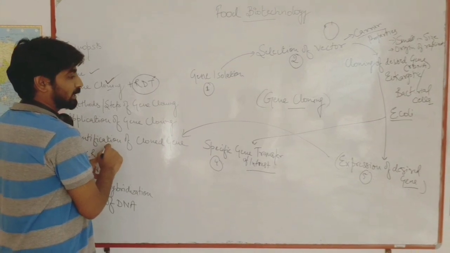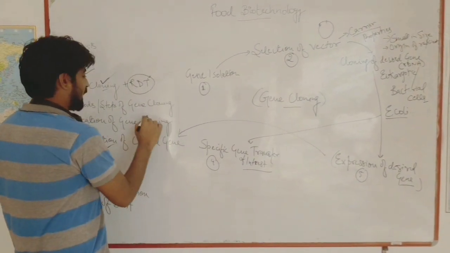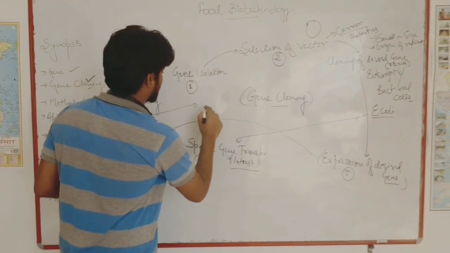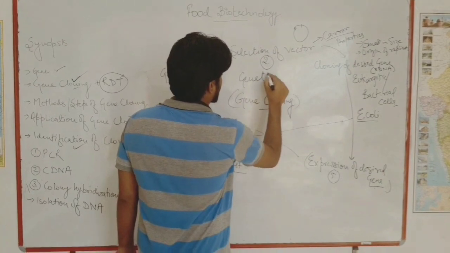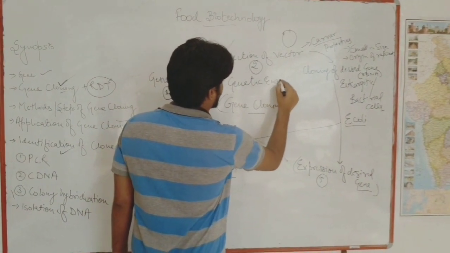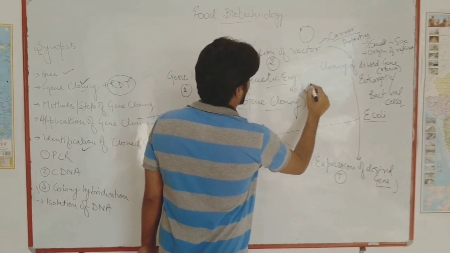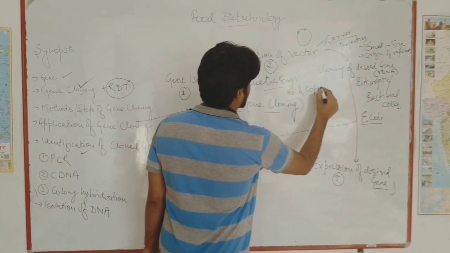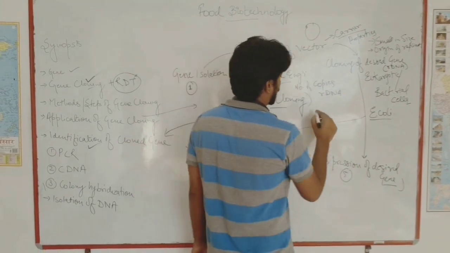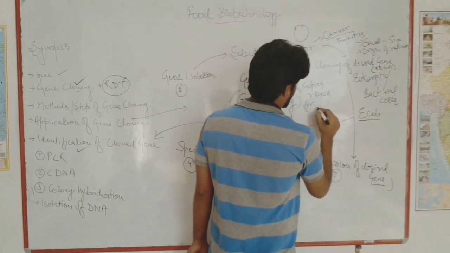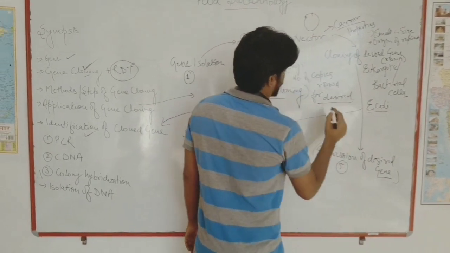Before going into the identification, which is our primary topic, we will be taking the application of gene cloning. You guys know what gene cloning is? Gene cloning is nothing but a genetic engineering process where we will be creating a number of copies of our DNA molecule for desired function.